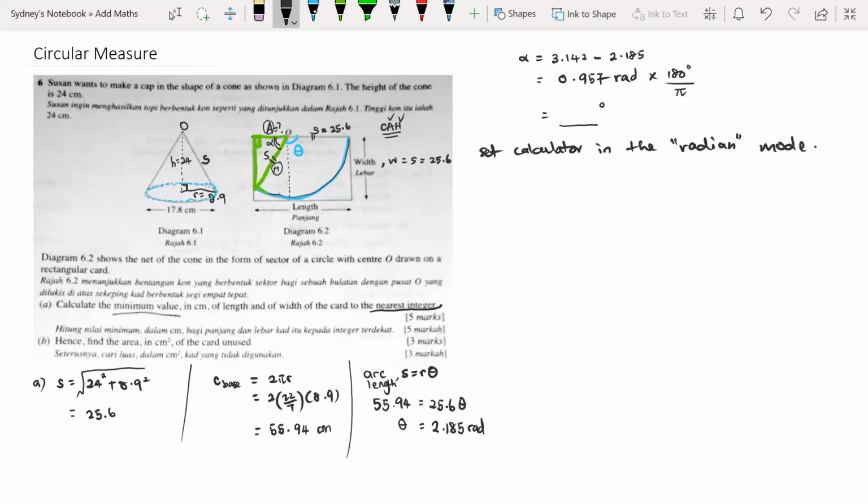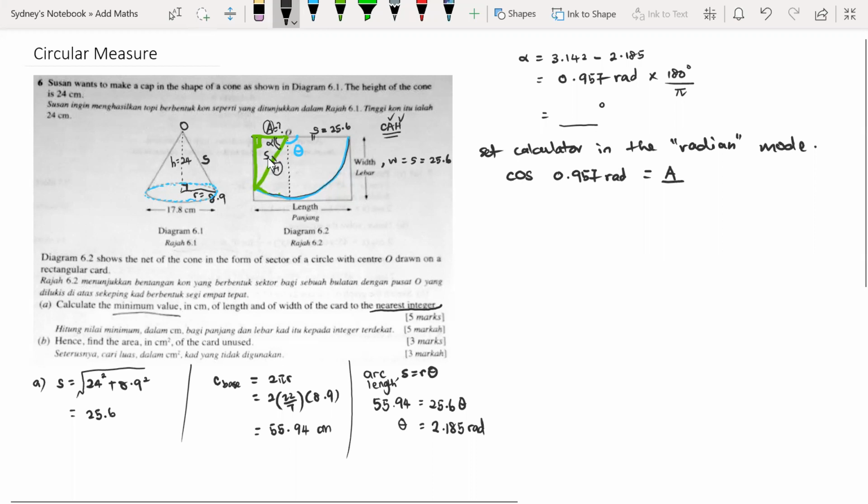Okay, now in this case, we use the cos. So cos alpha, which is 0.957 radian, this is radian, equals the adjacent over the hypotenuse.